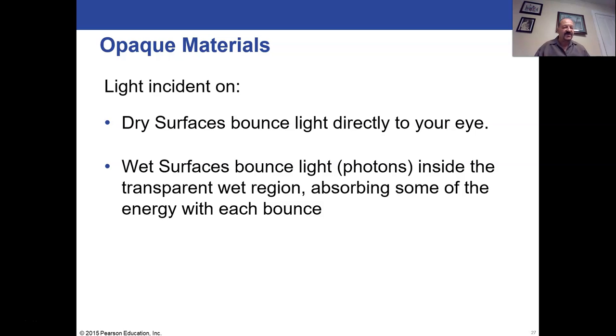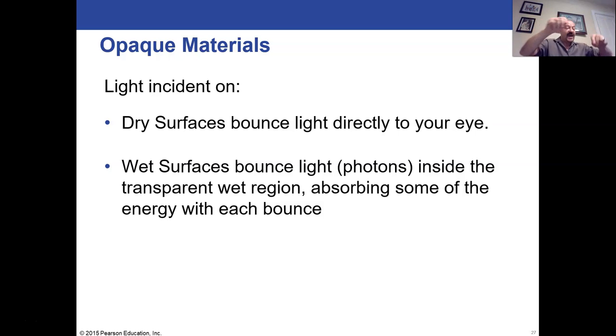But wet surfaces tend to look darker. And the reason is when the light hits them, what light would have come to your eye, and you would have said, oh, I see that object, all the light coming from it to my eye, a lot of the light bounces around inside the wet part, the water part that's on the object that's wet.